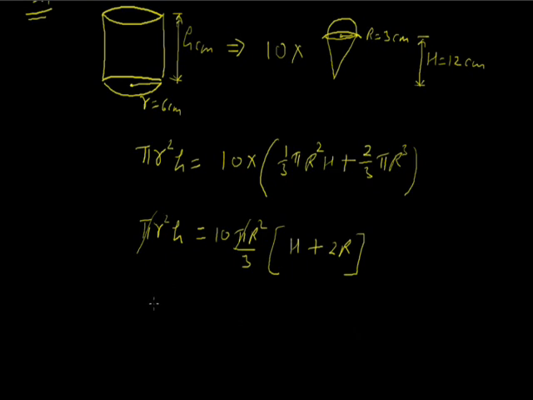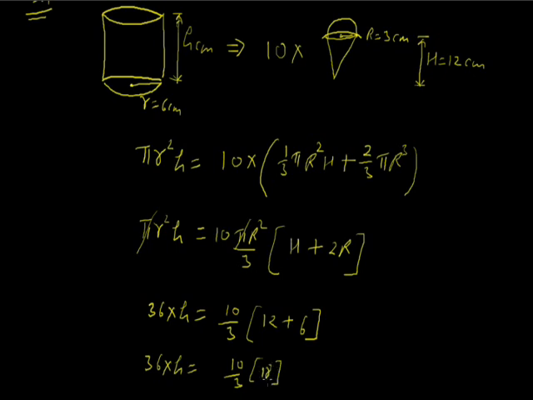The value of small r is 6, so 6 square is 36. Small h we have to find out. 10 by 3. Capital H is 12 and capital R is 3, so 2 into 3 is 6. So 36 into h is equal to 10 by 3, 12 plus 6, that is 18.